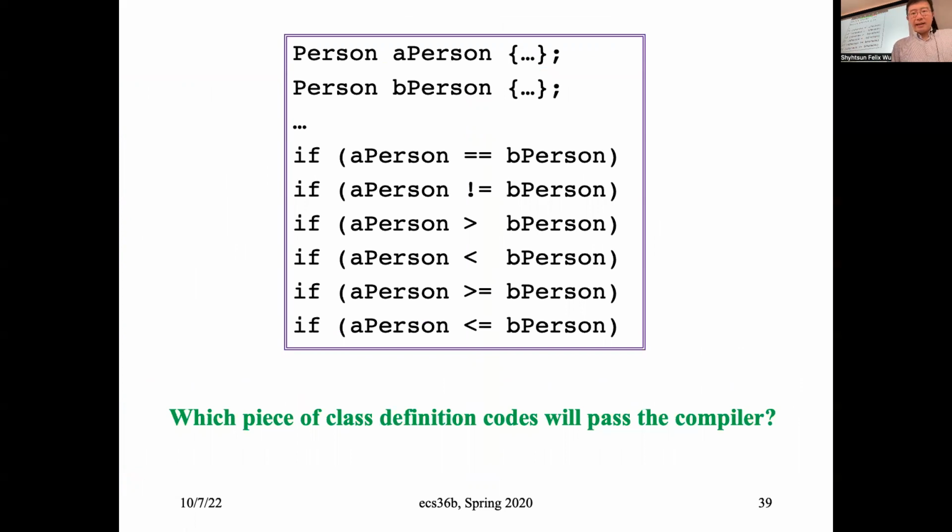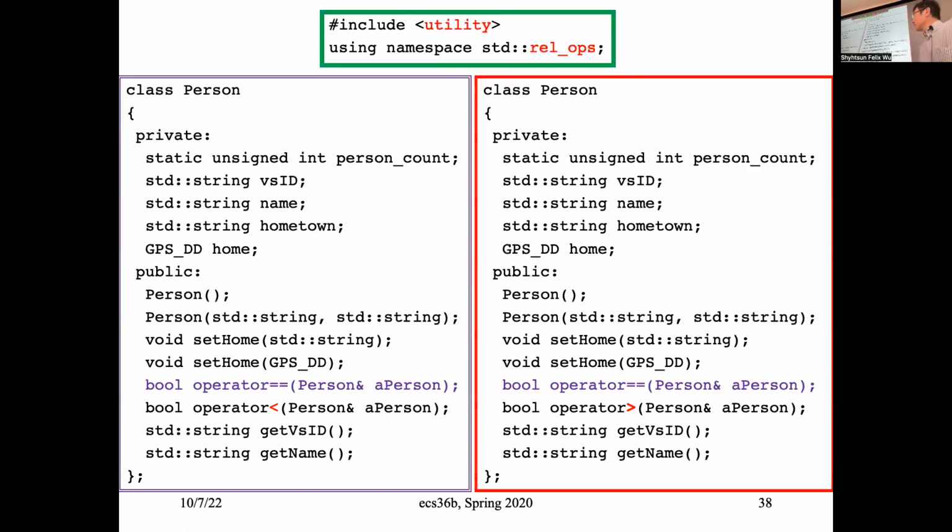And you can think about, I have 2 pieces of code here. One piece of code basically has 2 overloading operators: one is equal, one is smaller than, and the other one is equal and greater than. This is a bit artificial. This one is good, and this one is not. This one will not be able to use that template.